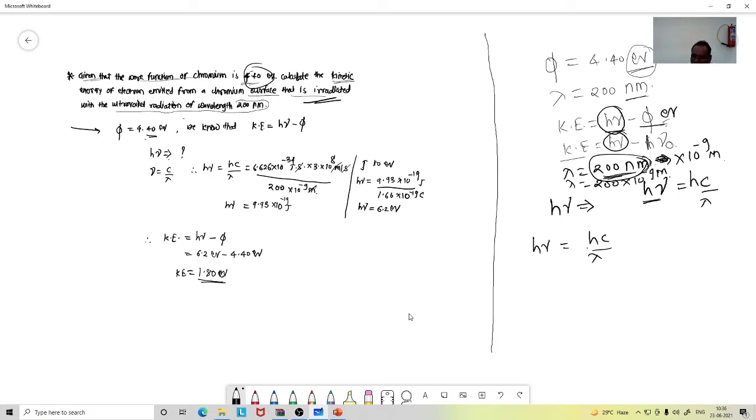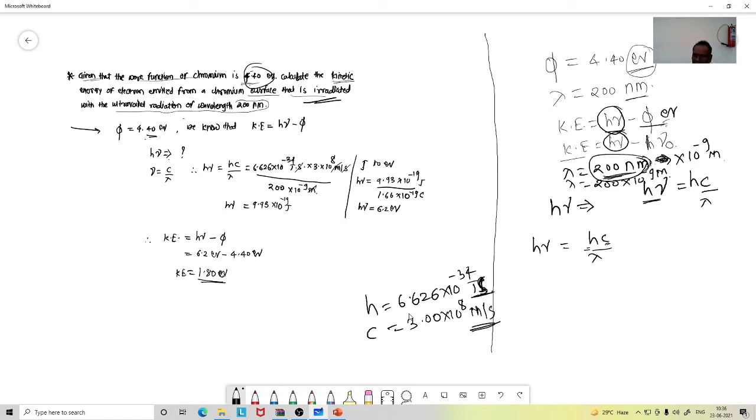The Planck's constant value in the SI unit is 6.626 into 10 raised to minus 34 joule second. Joule second, not joule per second. And the velocity of light in the SI unit is 3.0 into 10 raised to 8 meter per second. This is in the SI unit.